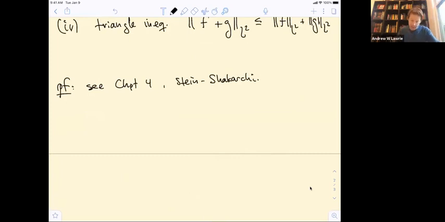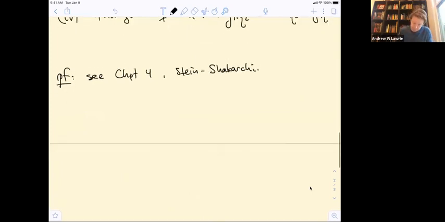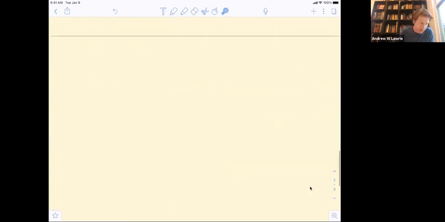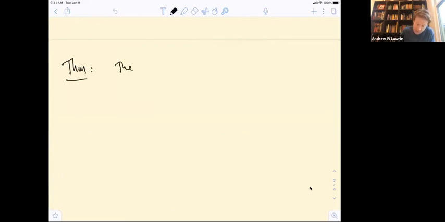And I want to get a little bit deeper into the structure. So the first property, the first theorem, is that L2 is complete. So the space is complete with respect to the L2 metric.